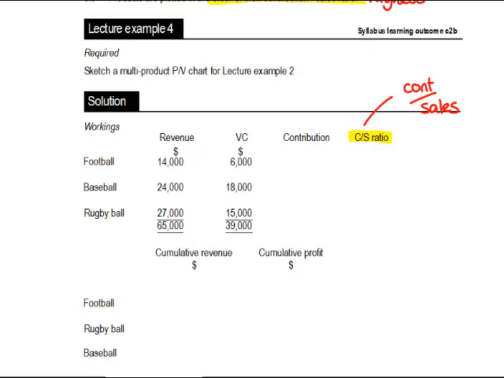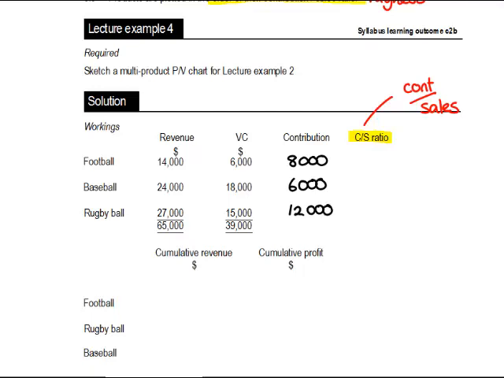So the contribution for the footballs is 14,000 minus 6,000. So the contribution here is going to be 8,000. The baseballs is going to be 24 minus 18, which is 6, and 12 for the rugby balls.